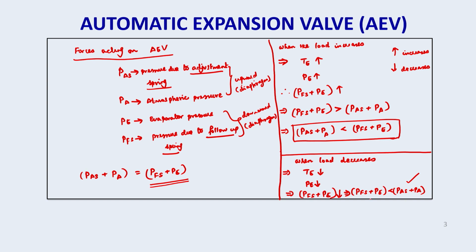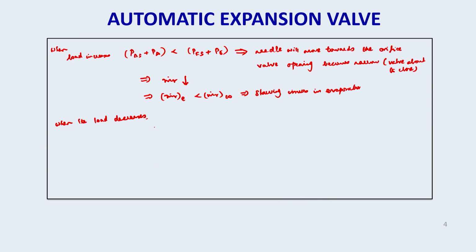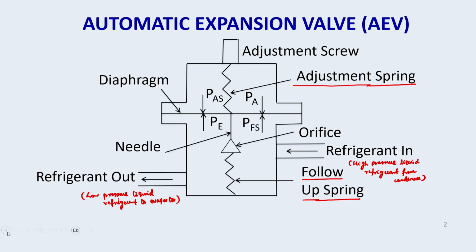So, this can be written as PAS plus PA is greater than PFS plus PE, whereas when the load increases, it is less than. So, the needle will be away from the orifice.